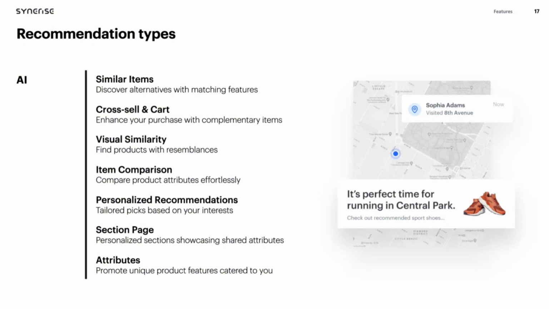Let's imagine that you are on the product page, you have the context of this specific product, and you would like to recommend a similar product. In this case, you can add a bit of personalization and tell the recommendation engine to take this personalization flavor into account. But at the end of the day, it's about recommending similar products.